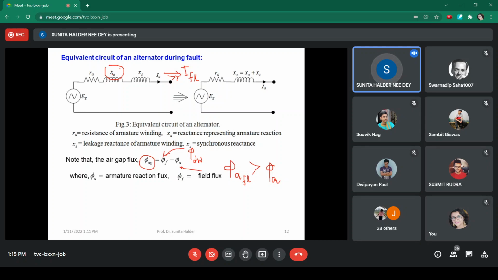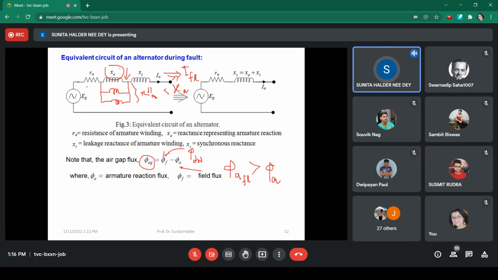So the field winding and the damper winding try to reduce the armature reaction, as if trying to reduce the armature reaction reactance XA. So in the equivalent circuit, we may assume that there are two reactances added in parallel, so that the effective reactance, if we write it as XA double dash, becomes less than XA, right?